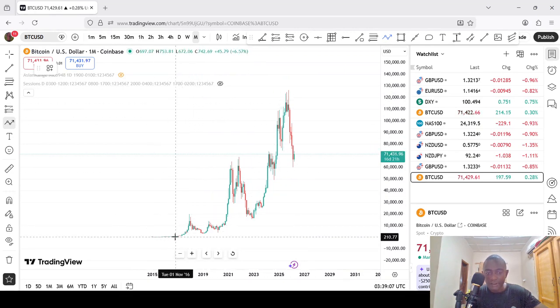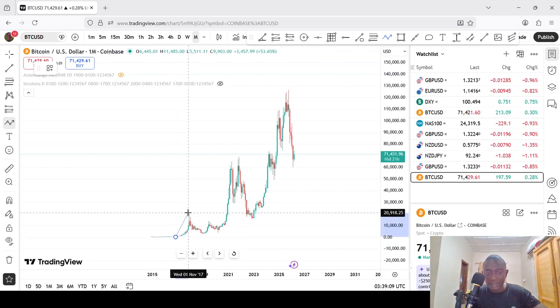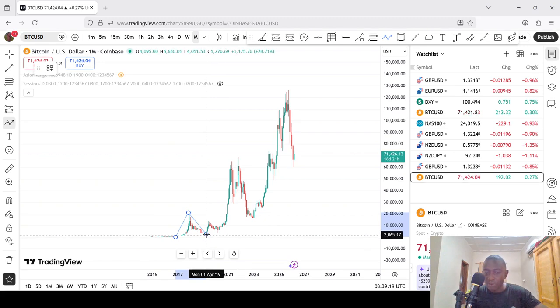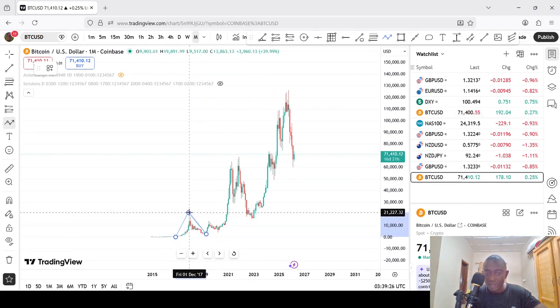Right from this start, we saw that we had this swing, then price came all the way down here. Then from this point, we always mark the lowest point that broke the last high. So from here, it broke around this place.